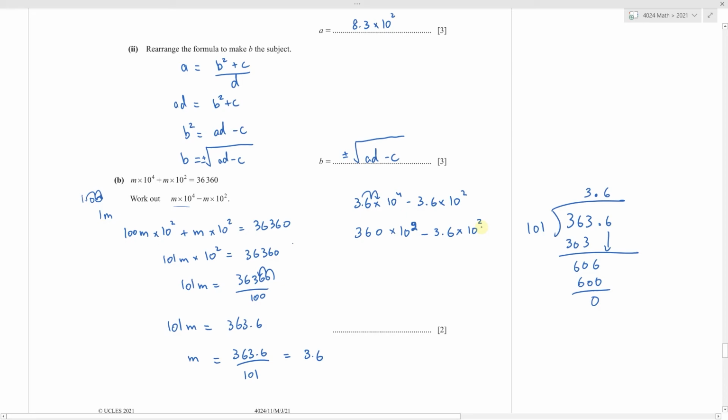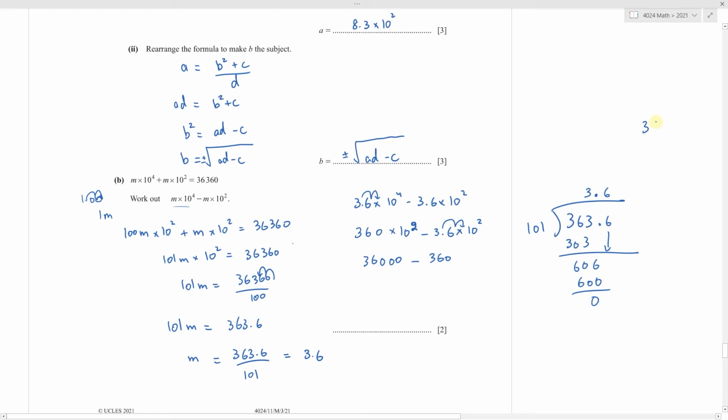In fact, since we have numerical values here, we can just multiply fully as well. So this will become 360 and then 10 power 2, another two zeros. So 36,000 minus 10 power 2. Again, move it to the right two places. So 360. So 36,000 minus 360.